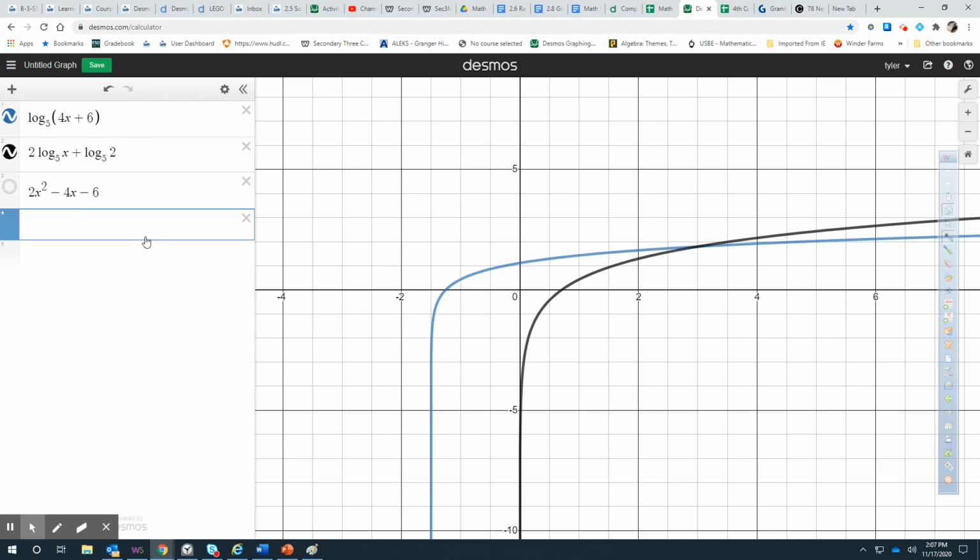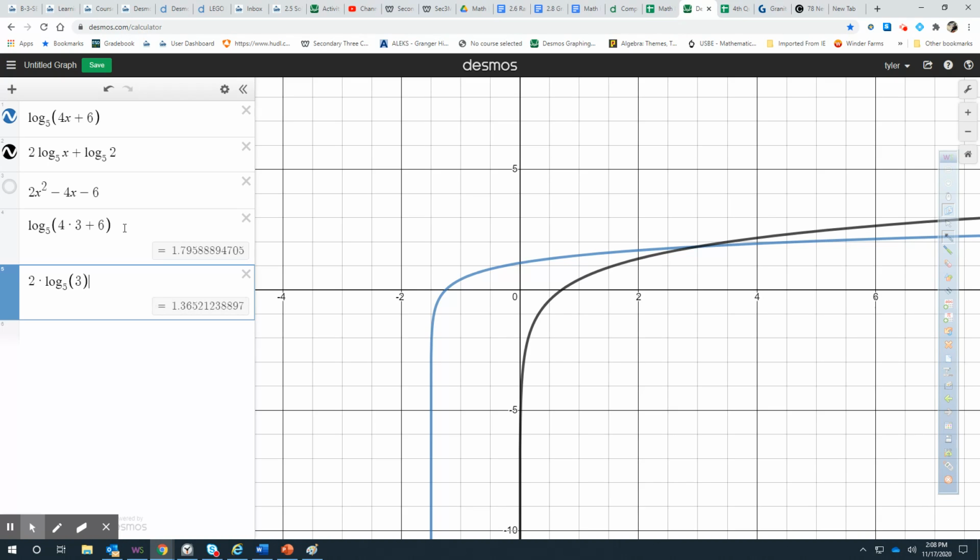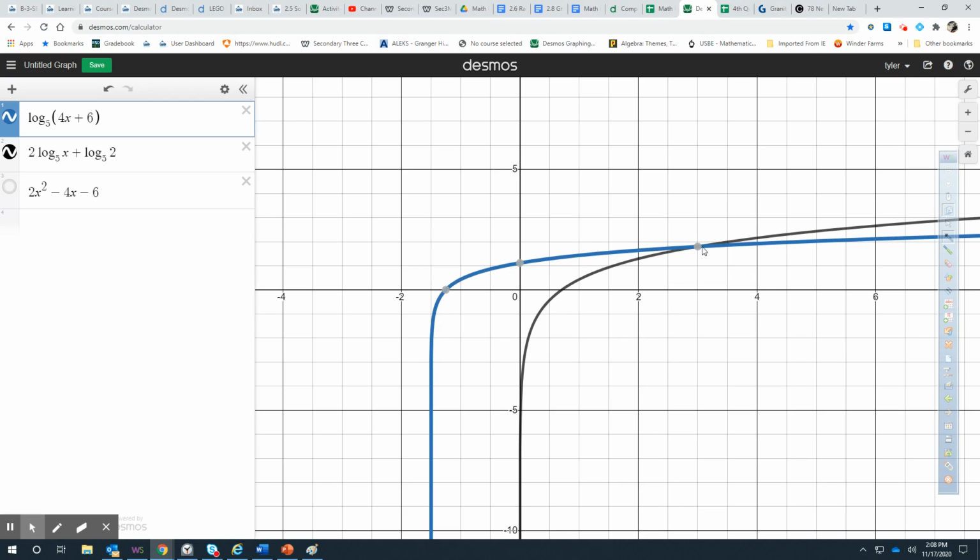In fact, you can come over here, type in log base 5 of 4 times 3 plus 6, and I get 1.7958, and so on. And if I do 2 times log base 5 of 3 plus log base 5 of 2, I also get 1.795. So that is showing that 3 is a solution. So x equals 3 was a good answer.